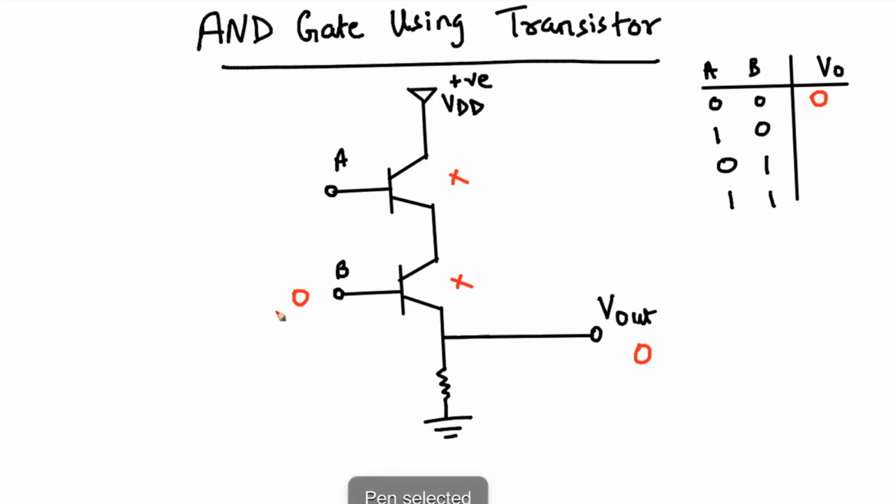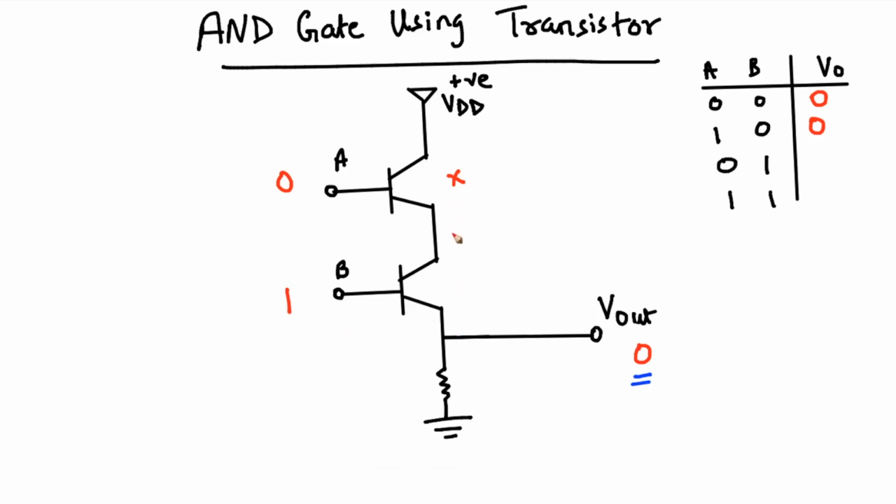Let's say you give 1 over here and 0 over here. So this 1 will cause this transistor to turn on and this is 0, so this is off. So the voltage still can't reach the output over here. So it is still 0. Let's say if you turn this one on instead.